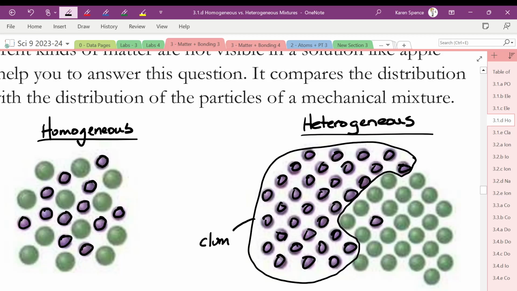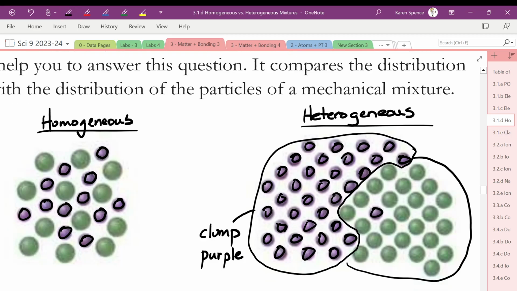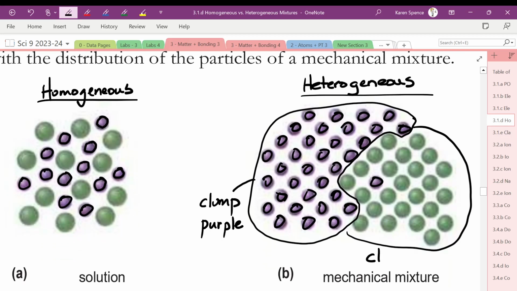We have a clump of purple. And over on the right-hand side, other than that one little purple one, we have a clump of green. And so you have two different areas with two different properties.